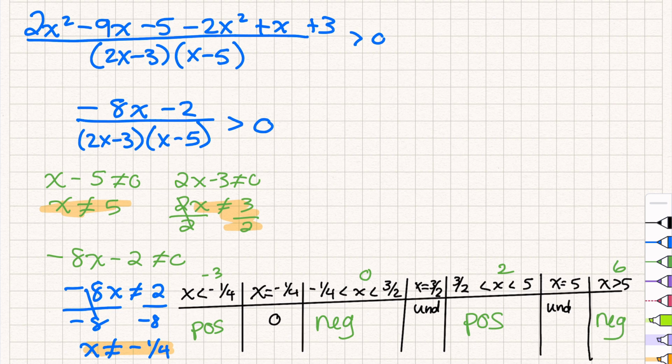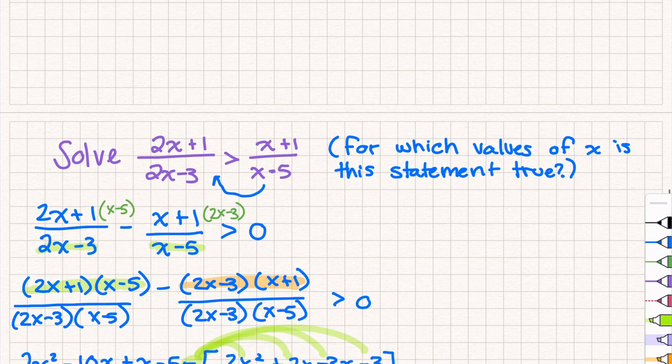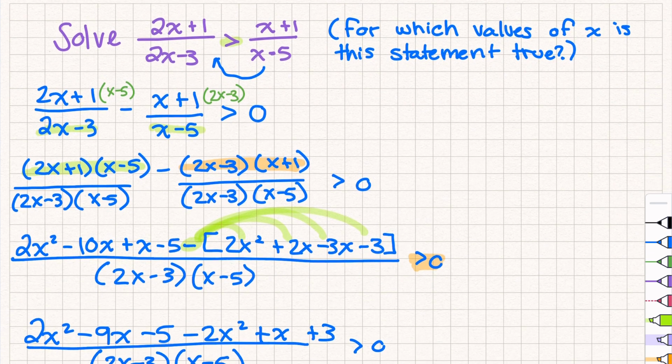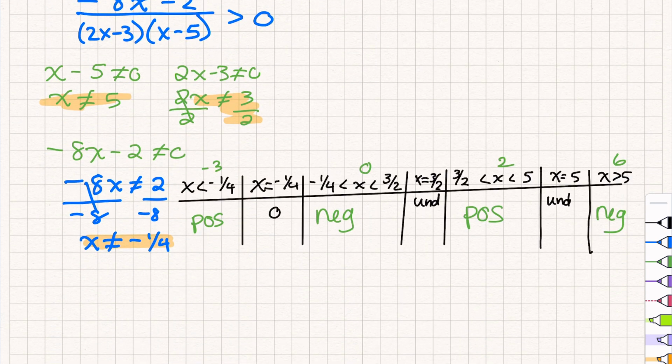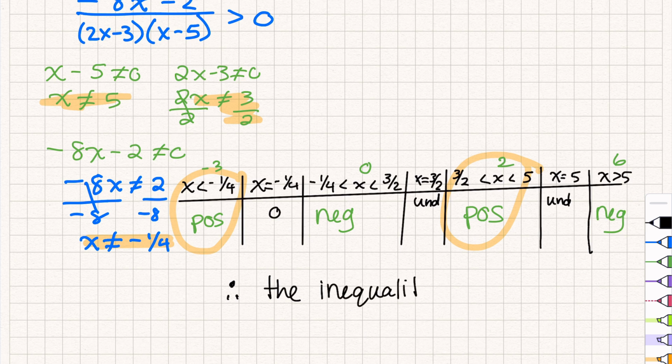Now, the question asks, when is it greater than? So we're looking at the intervals where it states that it's positive. So that would be here and here. So for our final statement, we would say, therefore, the inequality is true when?